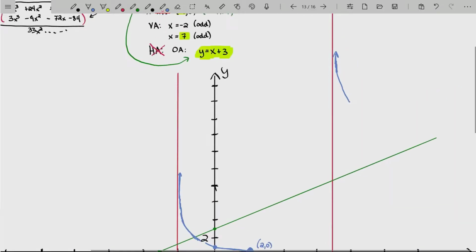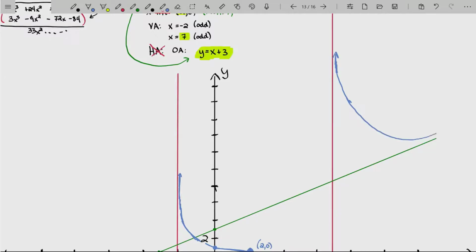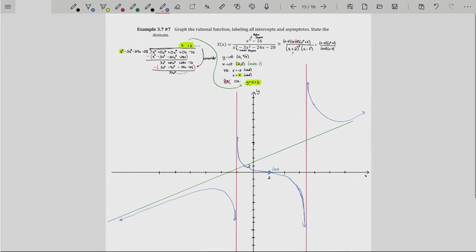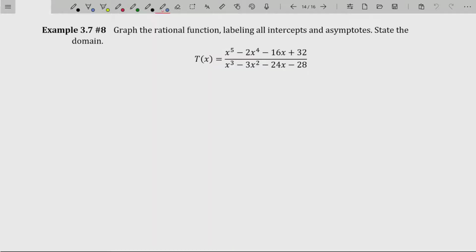So those are both wrong. Instead, it's going to go to the right, but eventually want to start hugging this oblique asymptote. That is the true graph of our original function. Oblique asymptote and all, everything's beautifully graphed. That's the level of detail you should be going for.